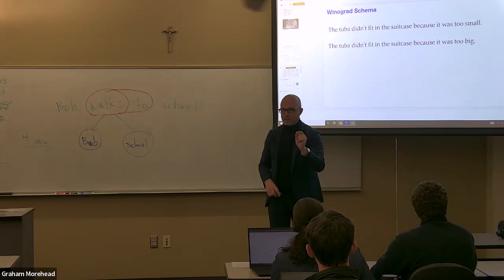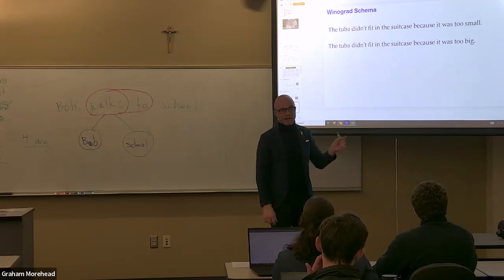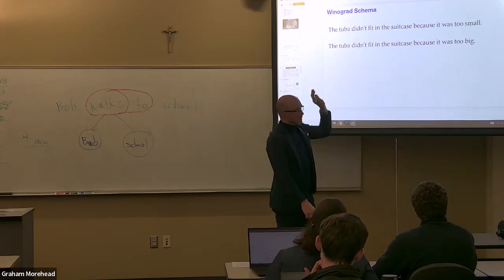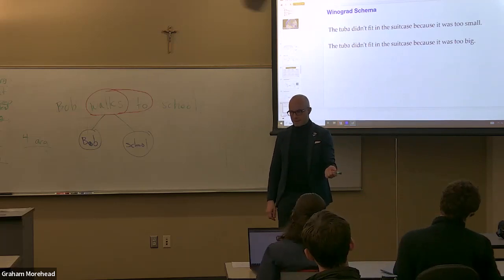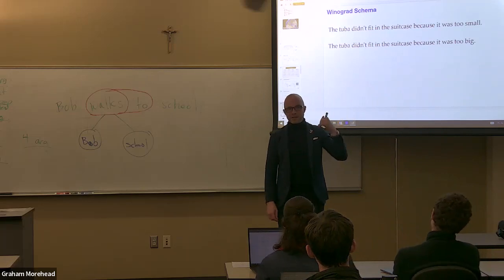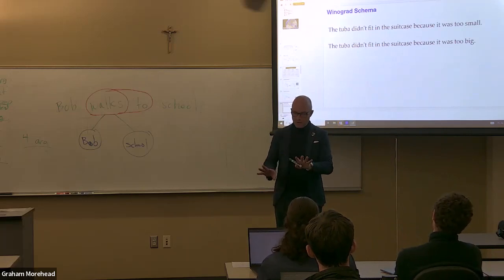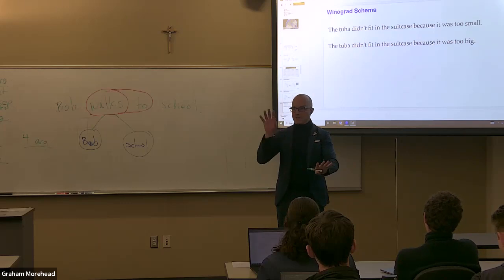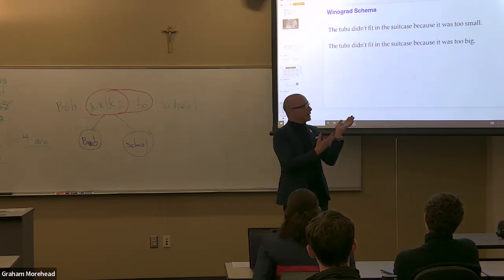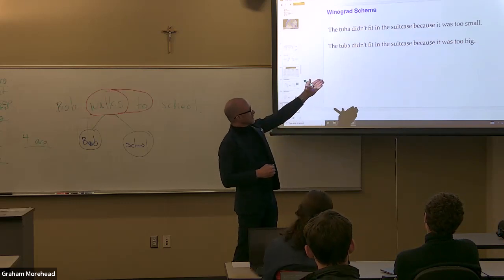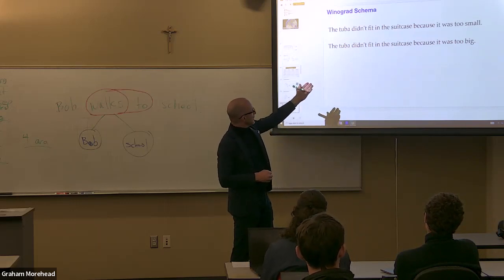Anaphora resolution is a very difficult problem in natural language understanding, and sometimes you have to do it right if you want to translate a sentence. So in a sentence in Spanish, maybe you can tell what relates to what because everything is gendered. But in English, we don't have gendered nouns. So you have to guess.